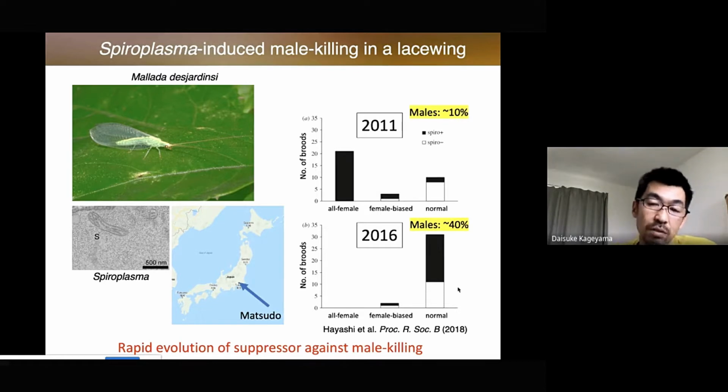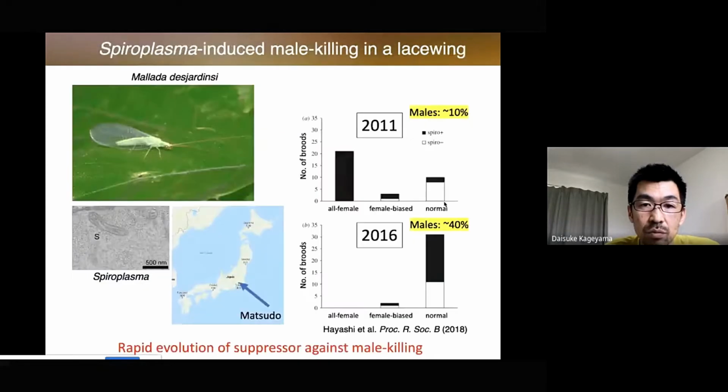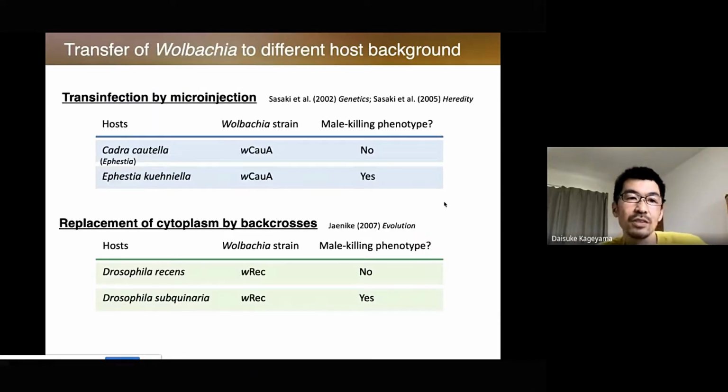Because we have all the data, we can say such a dramatic change has happened. A similar thing would have occurred in many other species of insects and other bacteria combinations. So this is something that we cannot predict beforehand.